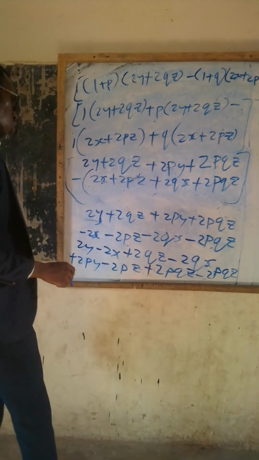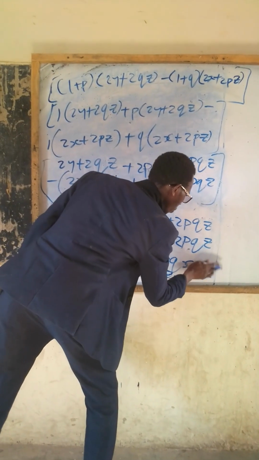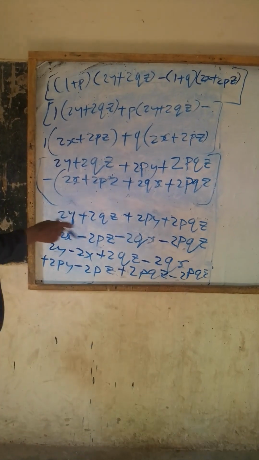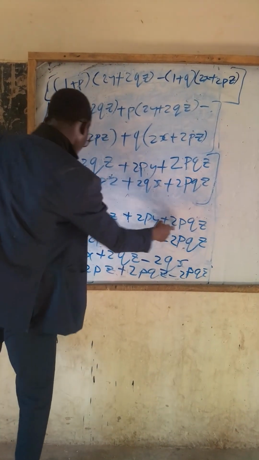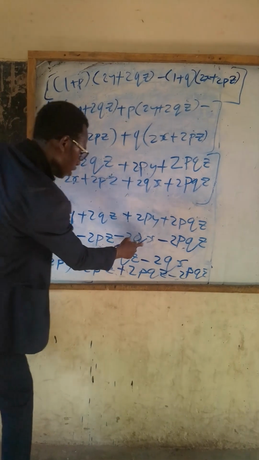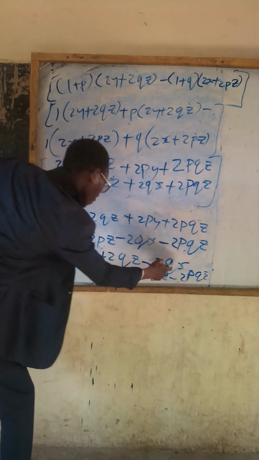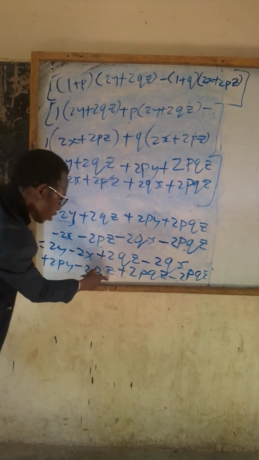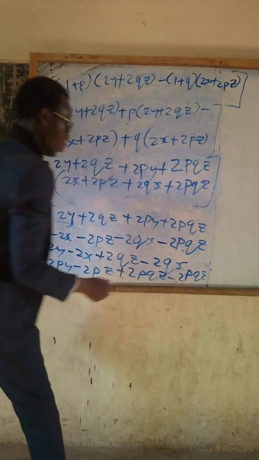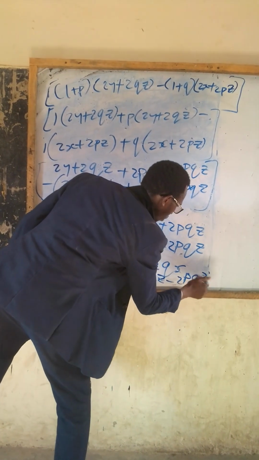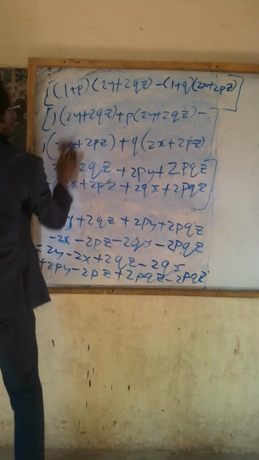Have you seen that now? So we have collected like terms, let's count 1, 2, 3, 4, 5, 6, 7, 8. And here we have 1, 2, 3, 4, 5, 6, 7, 8. Okay, we have done it right. So let's see how to solve this further.